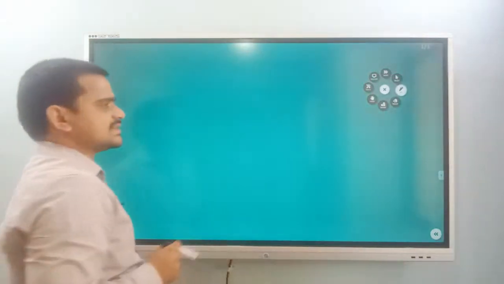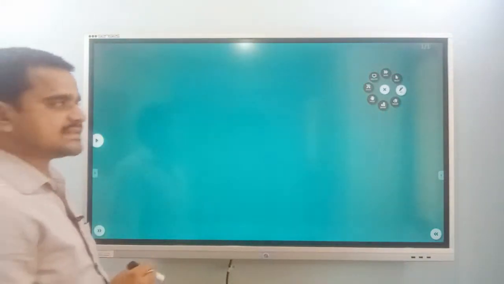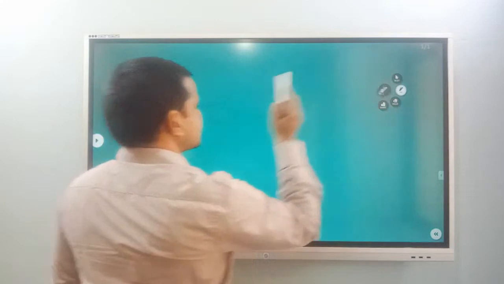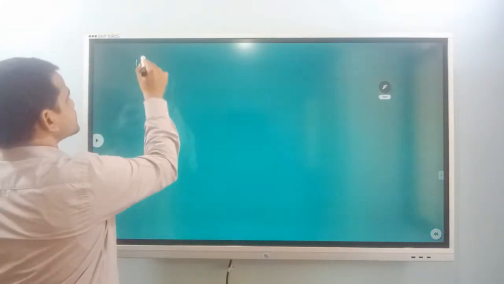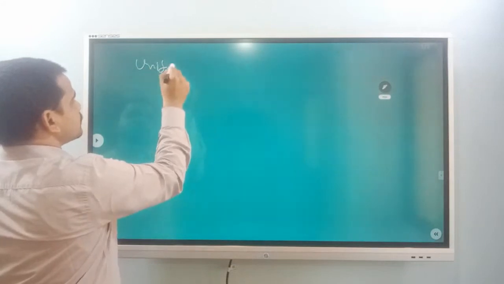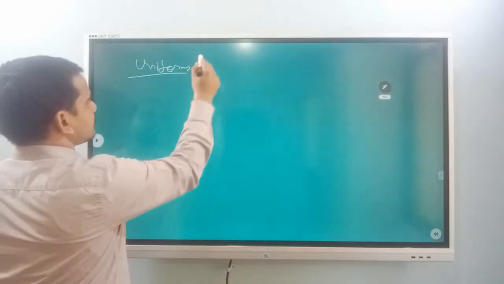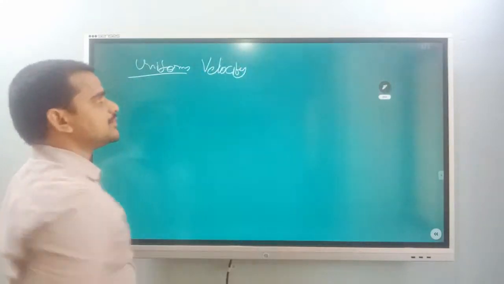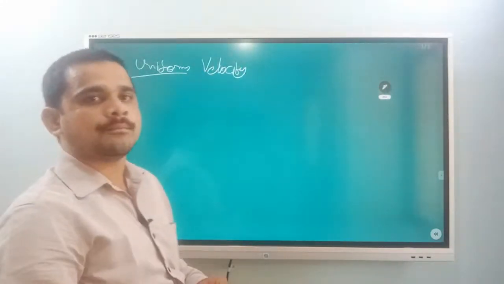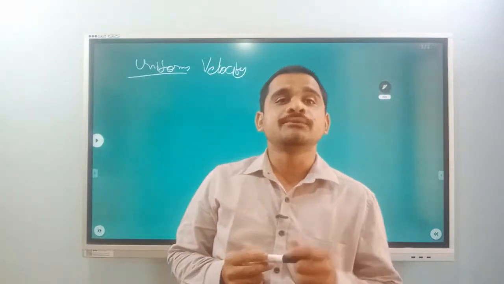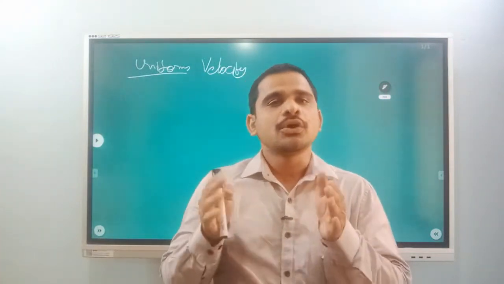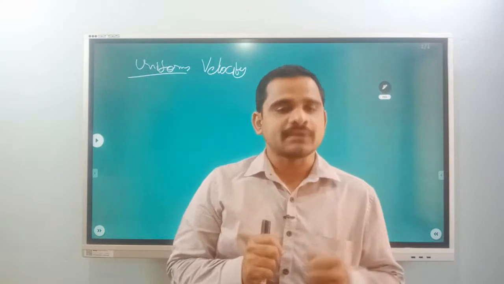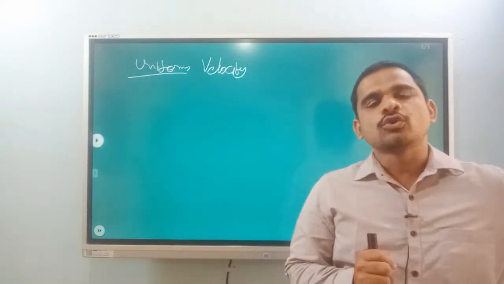Now we'll see some more basic things here. The basic thing here is, what is uniform velocity? Uniform velocity means the body is traveling with a constant velocity.